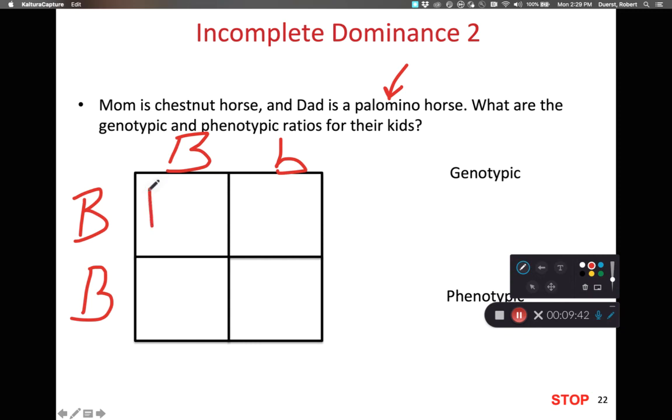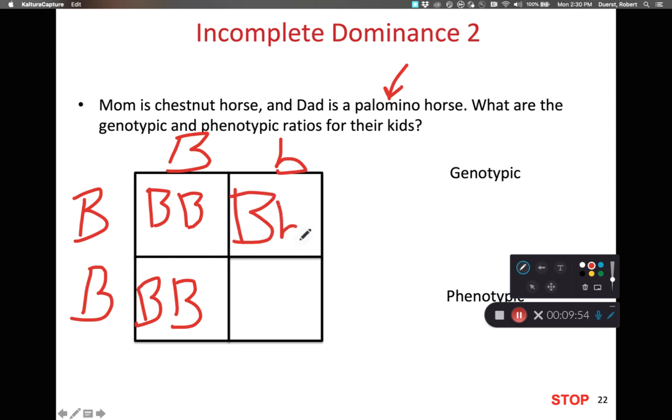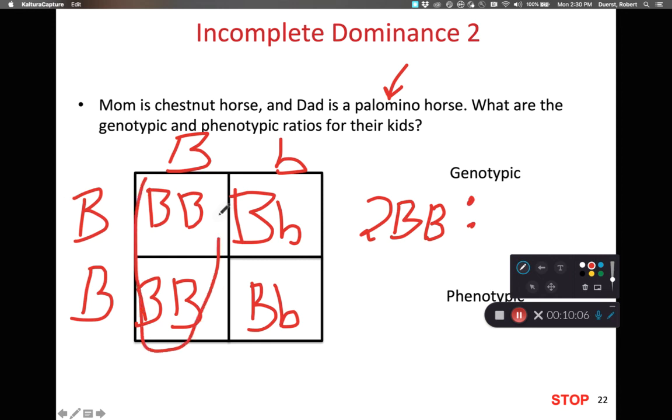And as we look at the children, the potential offspring can have that dark coloration, be homozygous dominant, so they'd be chestnut, or the potential offspring could have a dominant and recessive allele blending together to be a palomino. So we'd have 2 homozygous dominant for the chestnut individuals.